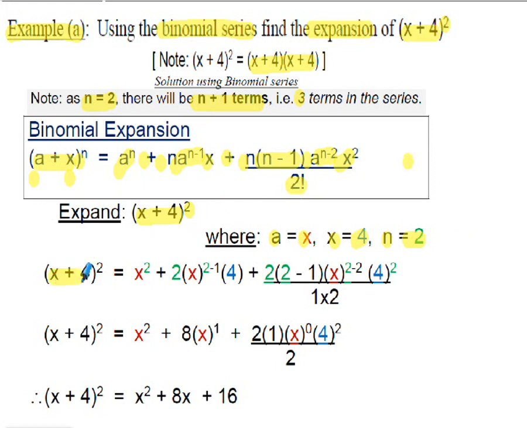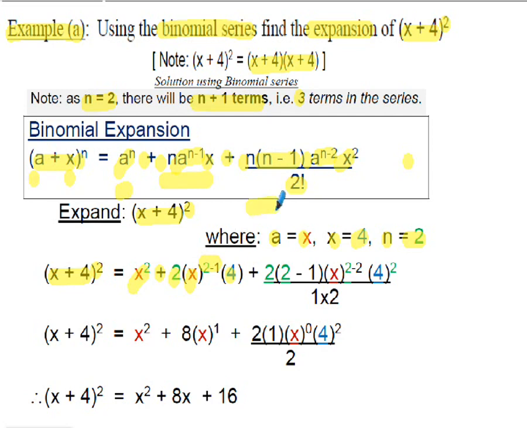So (x + 4)^2 can be written using the binomial series as x squared, which is a to the n, so a is equal to x and n is equal to 2, plus n, which is 2, in the second term, 2 times a to the power of n take away 1, that's x to the power of 2 take away 1, times the value of x, so that's 4.